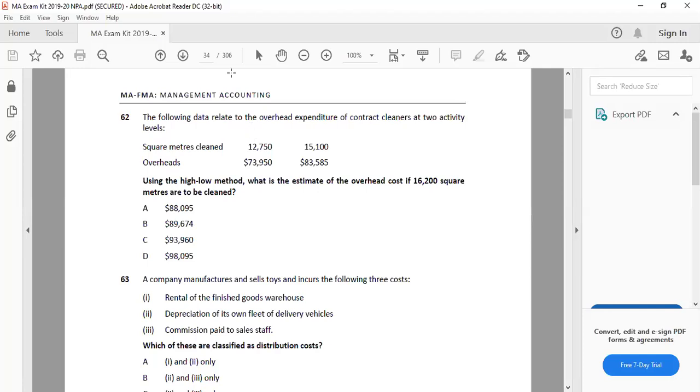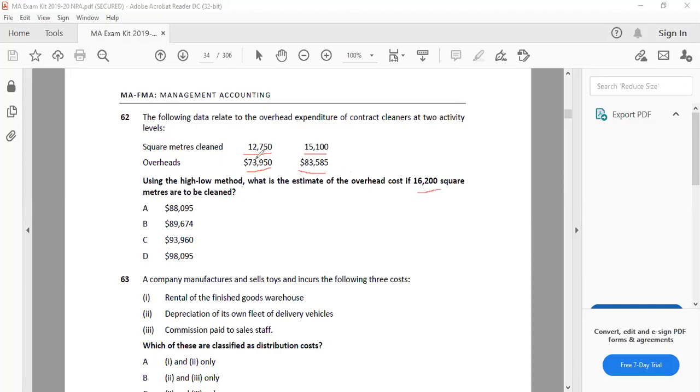If the square meters cleaned are 12,750, the total cost incurred is 73,950. If the square meters cleaned are 15,100, the overhead cost is 83,585. After that, they are asking us to estimate the overhead cost if the activity level is 16,200. So that's the question here.